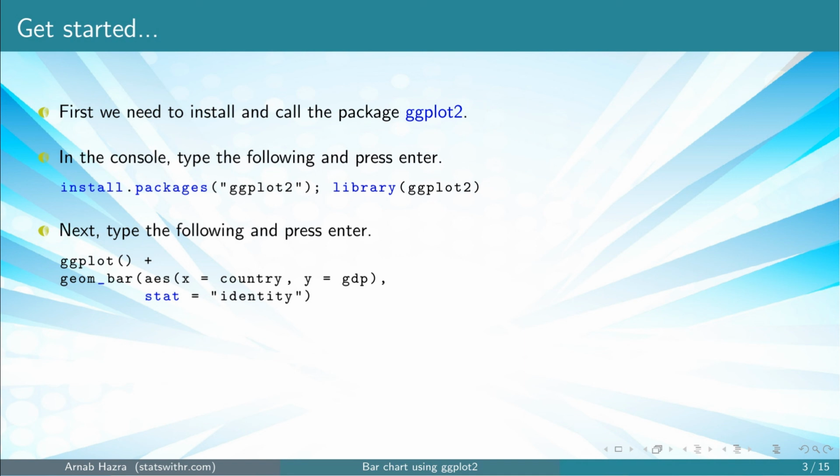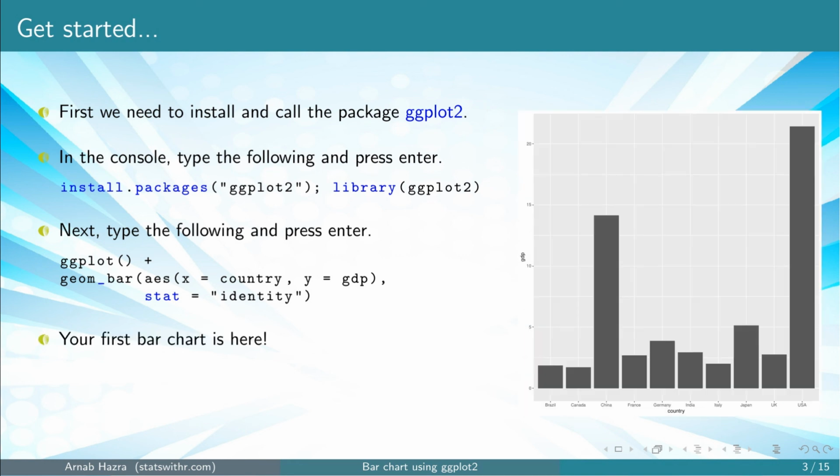When we have numeric data and corresponding different factor levels, the frequencies of the factor levels are plotted. But here, corresponding to each country, we have only one value, and thus we need to set stat equals to identity. Now press enter. Okay, you get your first bar chart.